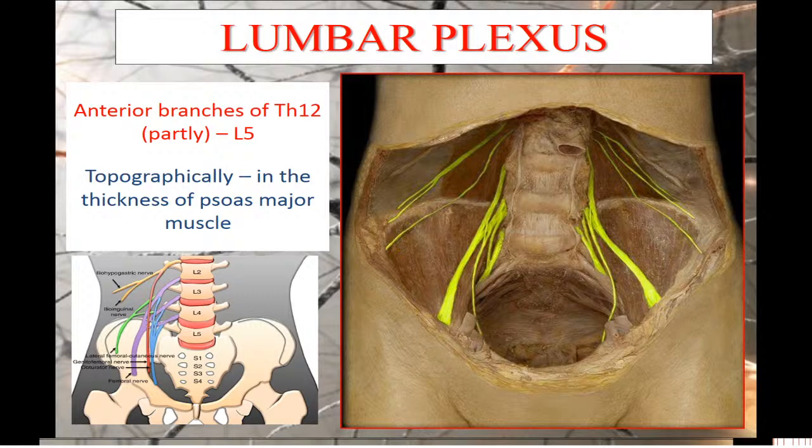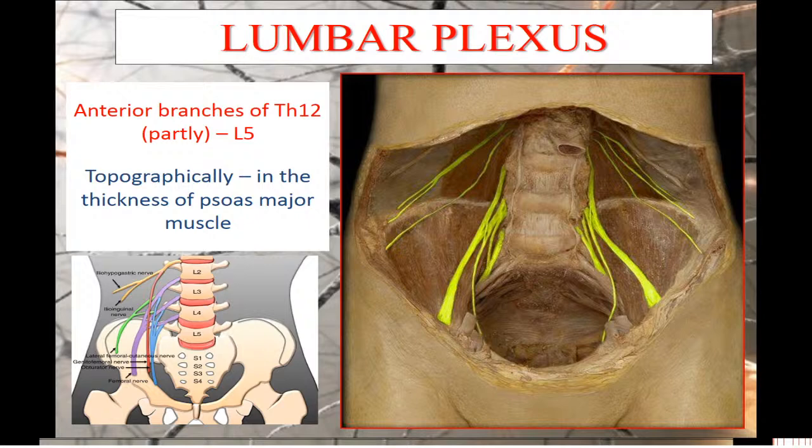Next nerve is a genitofemoral nerve, nervus genitofemoralis. This nerve appears from the anterior border of psoas major muscle and then divides into the femoral branch and genital branch.